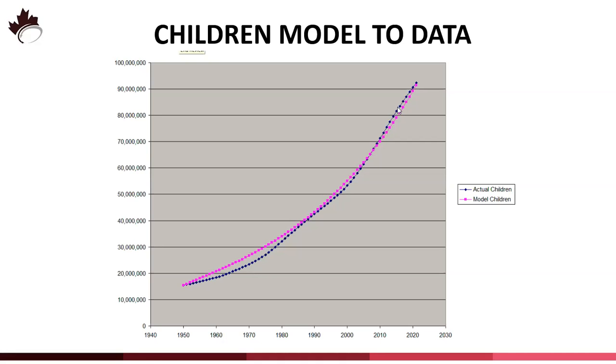Whereas in the data, you can see that the blue line is showing a slight inflection point just starting, that basically the number of children being born in 2021 per adult was slightly less than the previous year. So we might be heading towards some kind of equilibrium in the longer term.